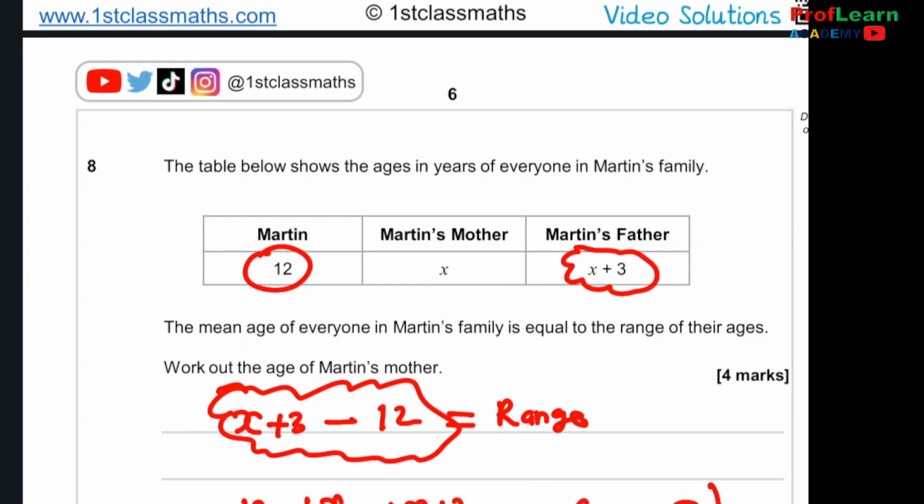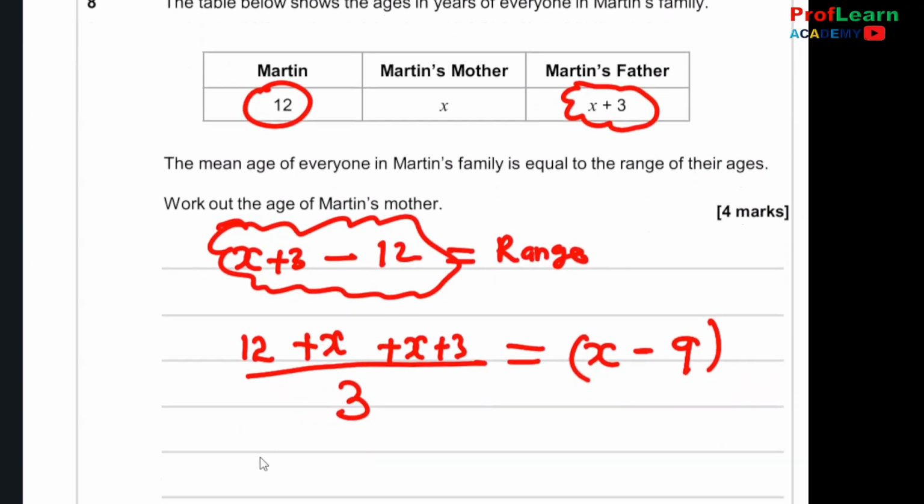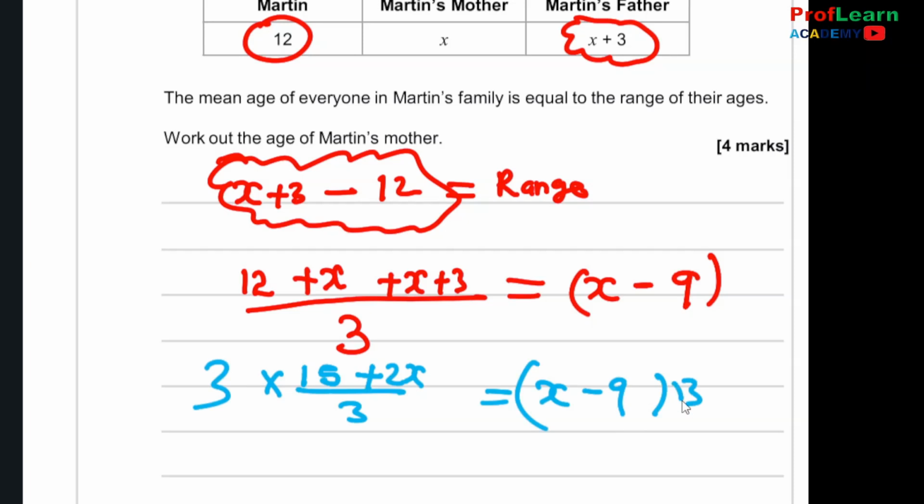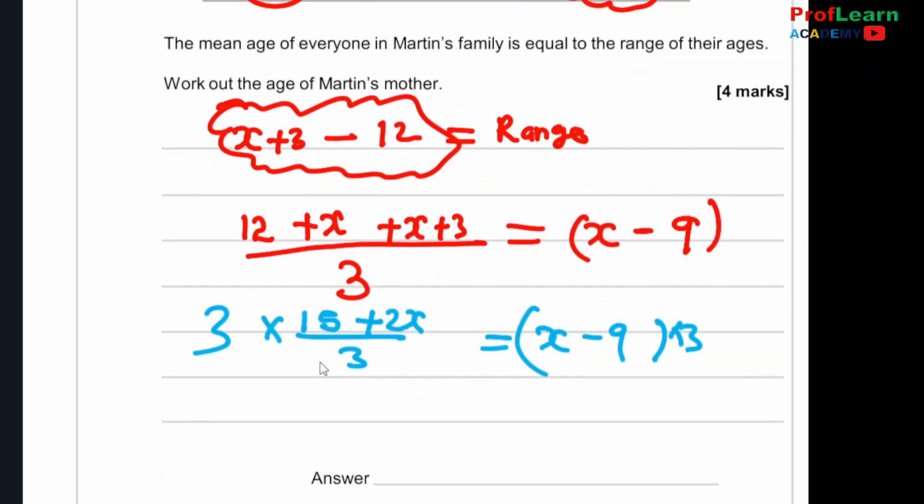So in order to solve this, I can put the like terms together here, and this is going to be 15 plus 2x over 3 equal to x minus 9, then times 3 also here times 3. This will cancel out and we shall have this as 15 plus 2x, which is equal to 3x minus 27.